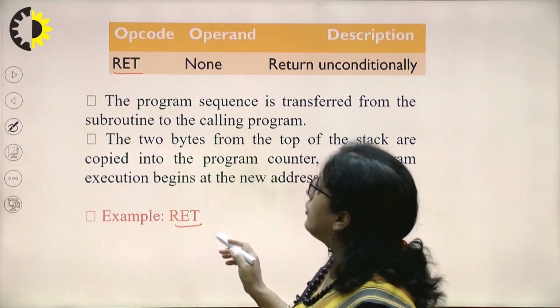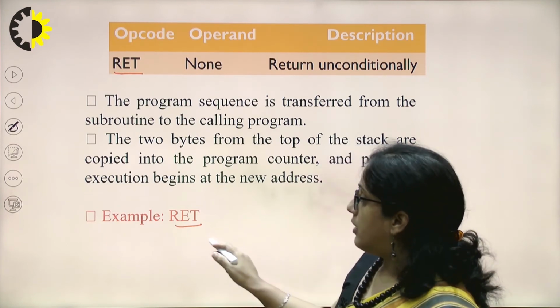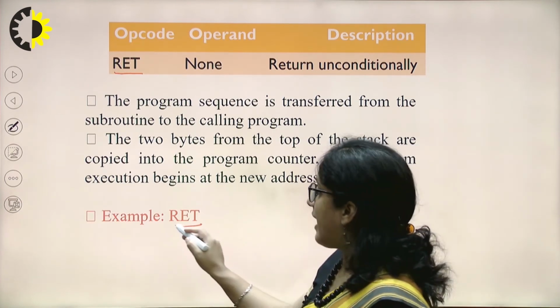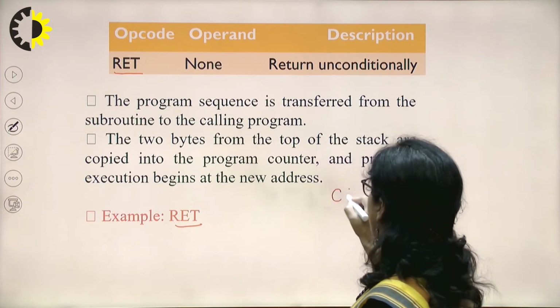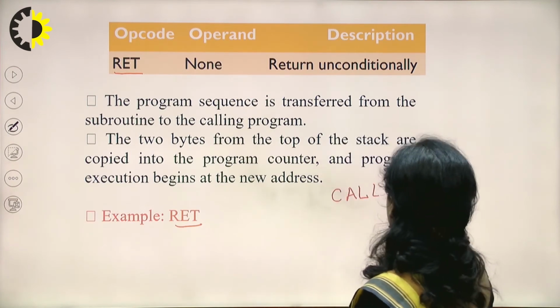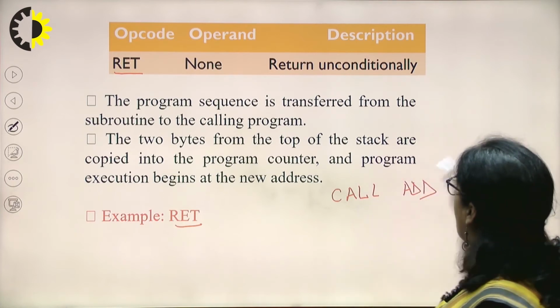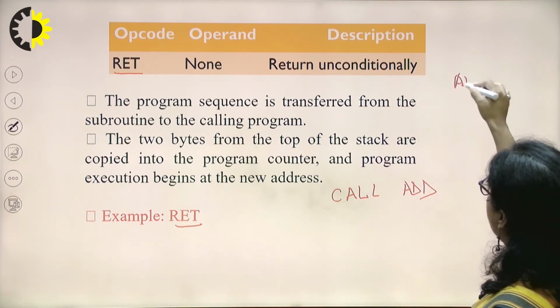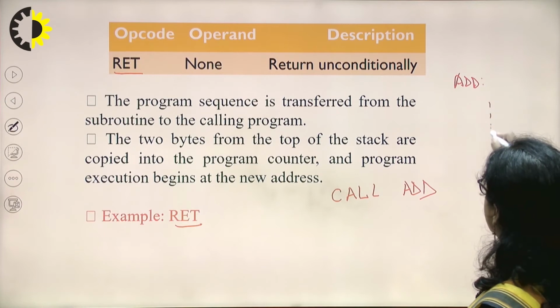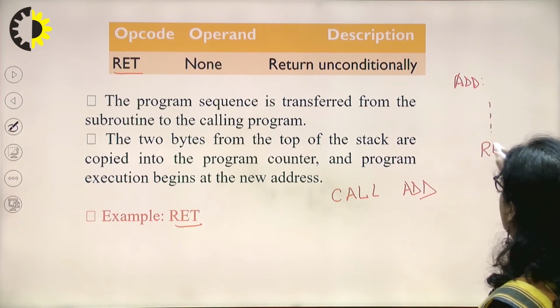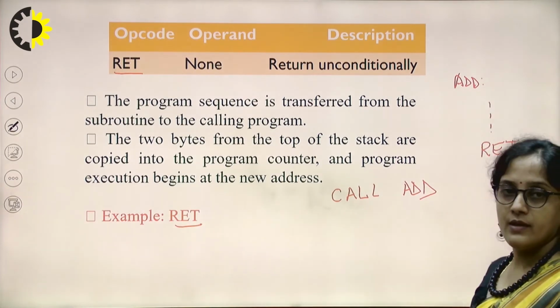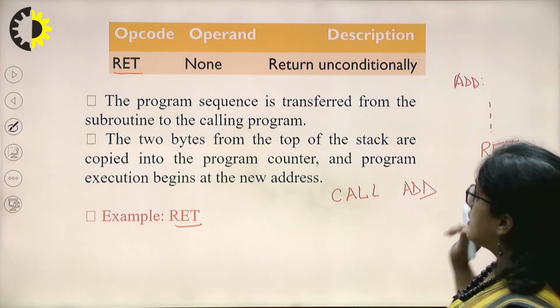So in case of unconditional call, we have to write RET. If in the main program I call some addition program, then in that addition program I write some instructions and at the last I have to write RET, that is unconditional return.